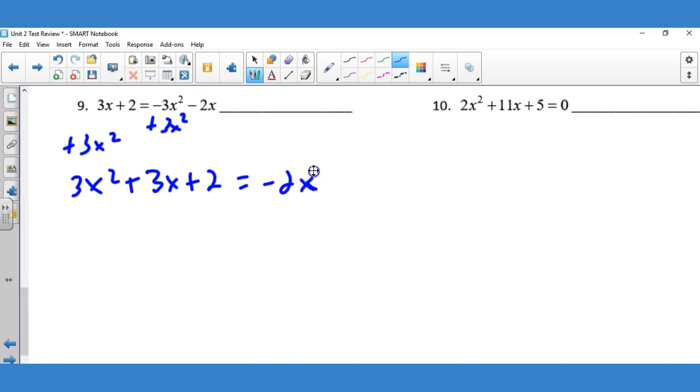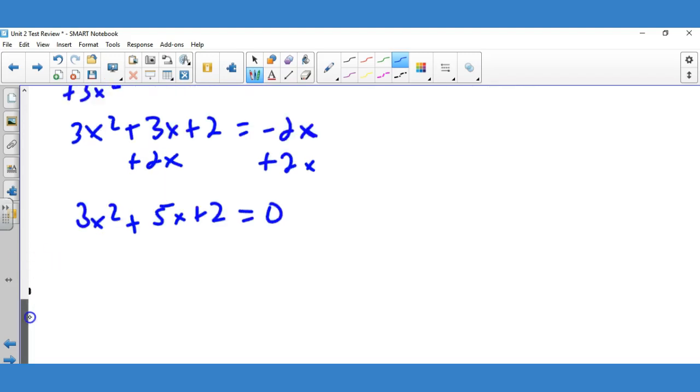I still want to have 0 over here like the first two problems, so I'm going to add 2x on both sides. Now notice, I couldn't add the 3x squared to anything over here because you have to add like terms. When I add this 2x, well, I have a single x term over here, so I can add those to get 3x squared plus 5x plus 2 equals 0.